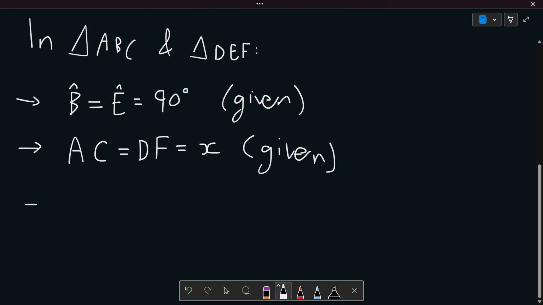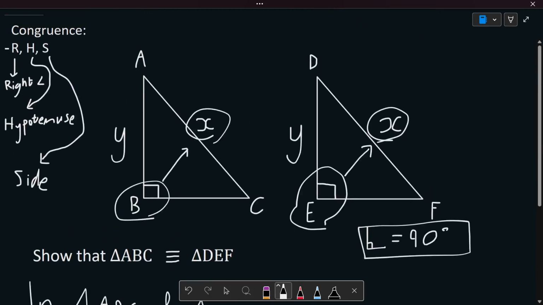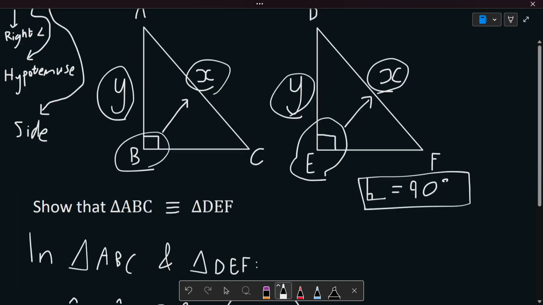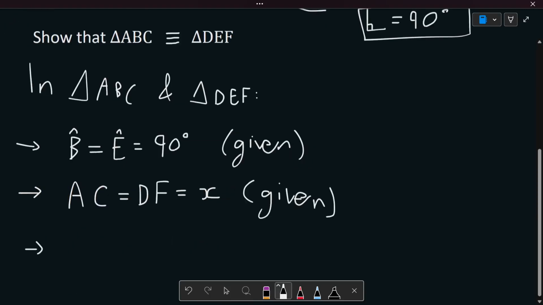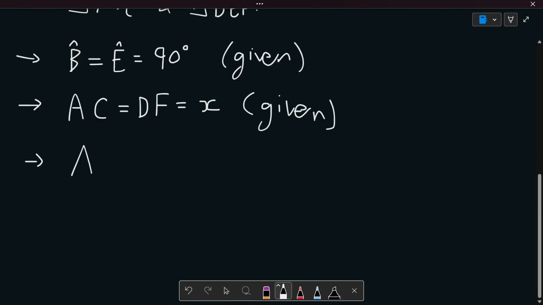Okay, and then the last one we're dealing with is going to be the side. So what side did they give us? We can clearly see we have y over here. So AB of triangle ABC has the value of y, and then DE has the value of y as well. So therefore AB is equal to DE, which is equal to y.